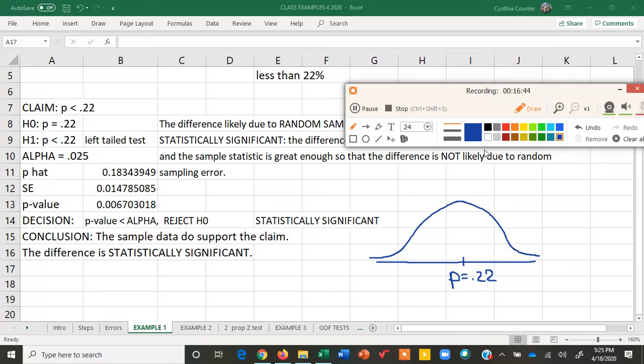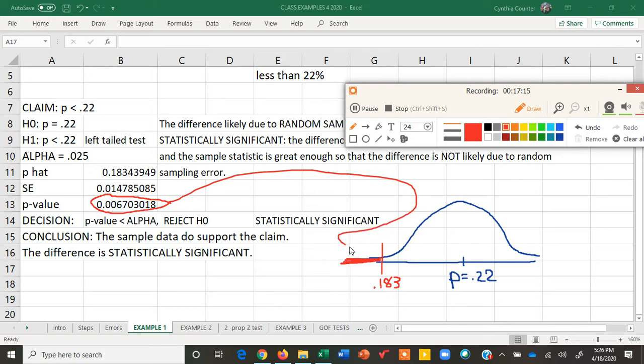We have a p hat of 0.183, and so we want the area in this left tail, and now we got this really small area, because that's this value here, the 0.006.